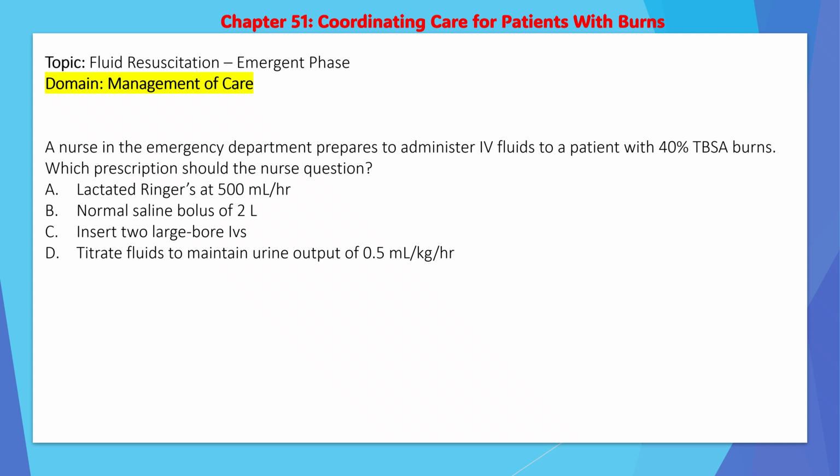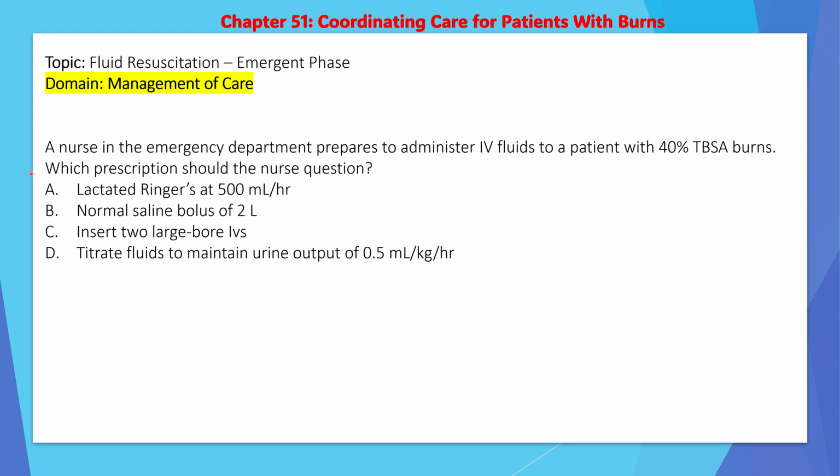We have the NCLEX domain management of care, for fluid resuscitation and the emergent phase. I hope you still remember the emergent phase. A nurse in the emergency department prepares to administer IV fluids to a patient with 40% TBSA burns.